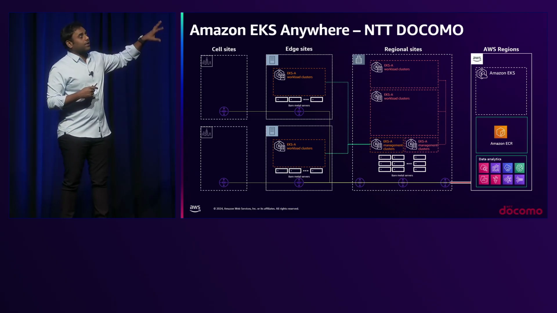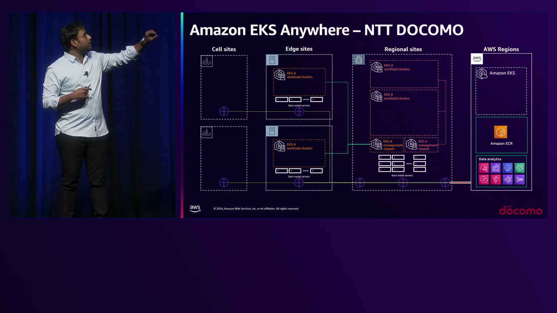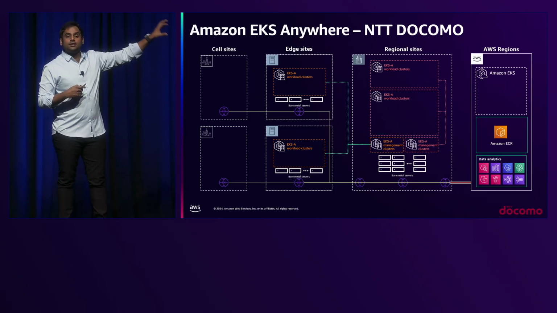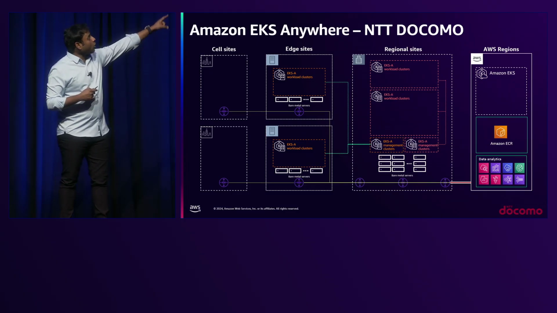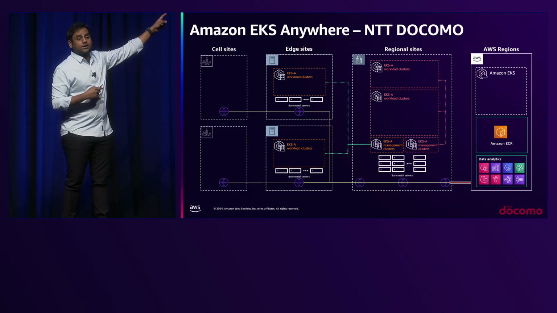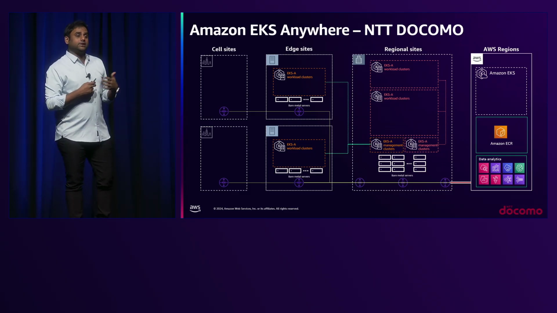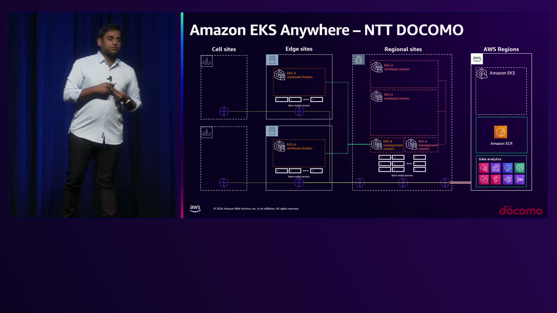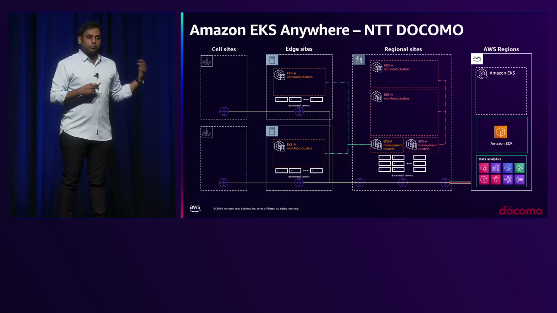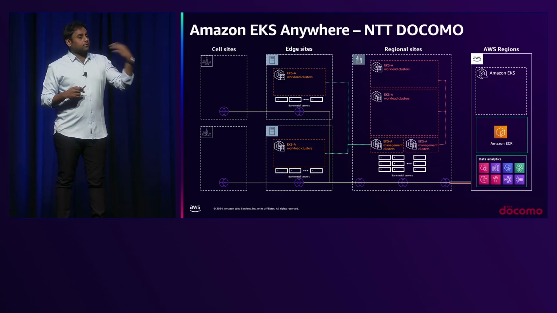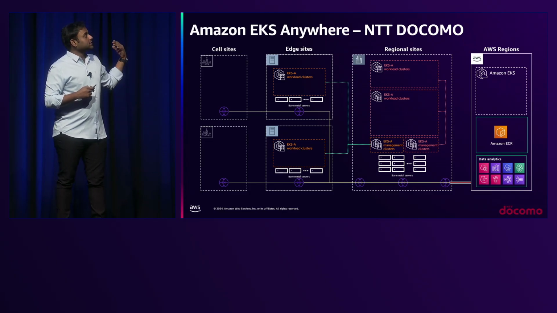The regional data center is used to host the management cluster that can operate and deploy multiple workload clusters in the edge sites. So this stretched topology and the cluster management enabled Docomo to deploy their full-fledged container as a service platform, starting from the region to the edge sites.